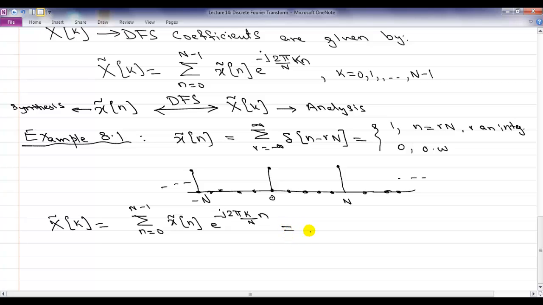The only non-zero term, since we are taking the summation between 0 and n minus 1, is at 1. For that we get 1. Okay. So this means that my discrete Fourier series coefficients are all 1 all the time.